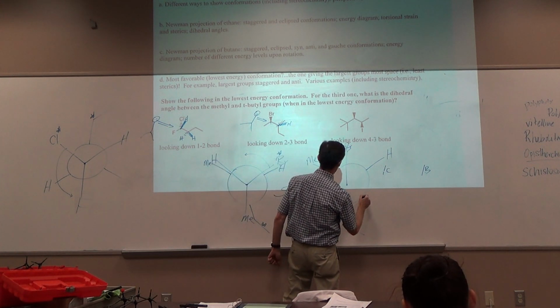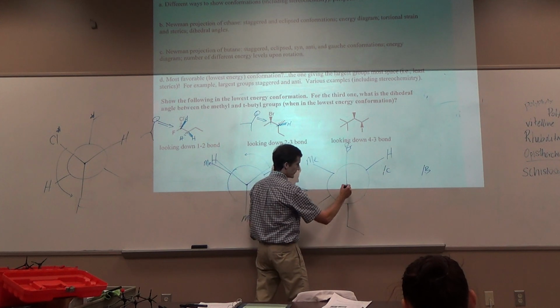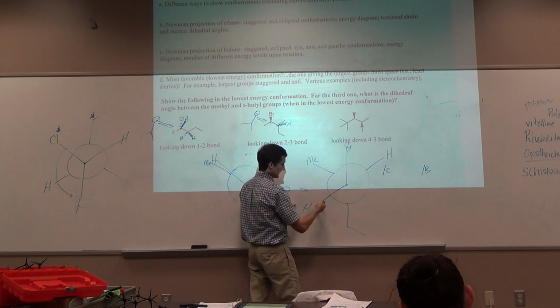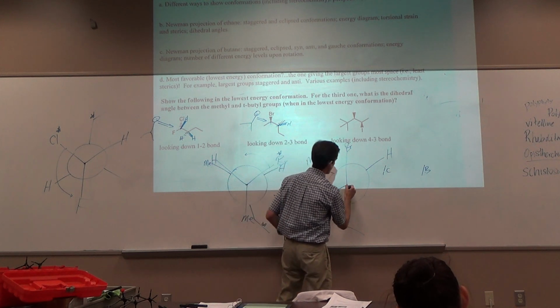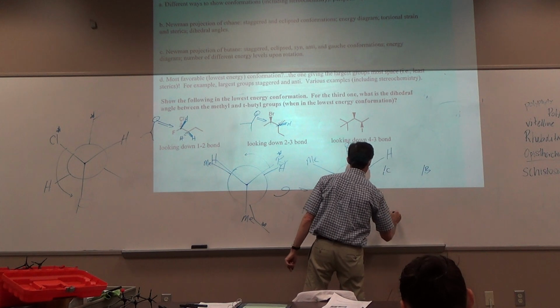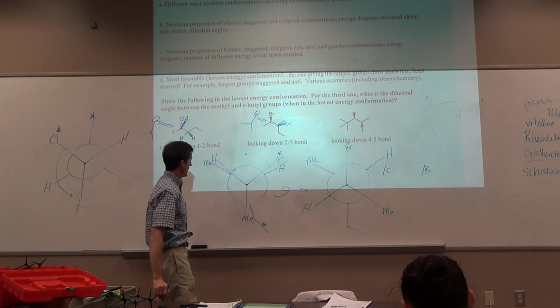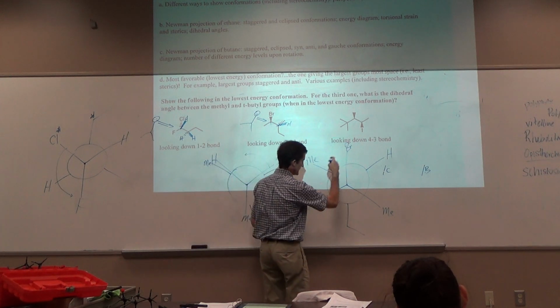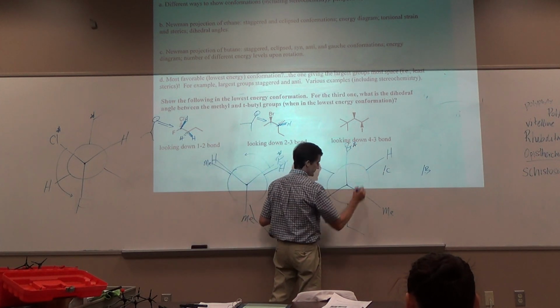No, it's front carbon, right? We're turning the front carbon. I got to make that the front carbon. And then what's here? Front carbon has a bromine, H, and methyl. Bromine, H, and methyl. 2 big groups are anti.